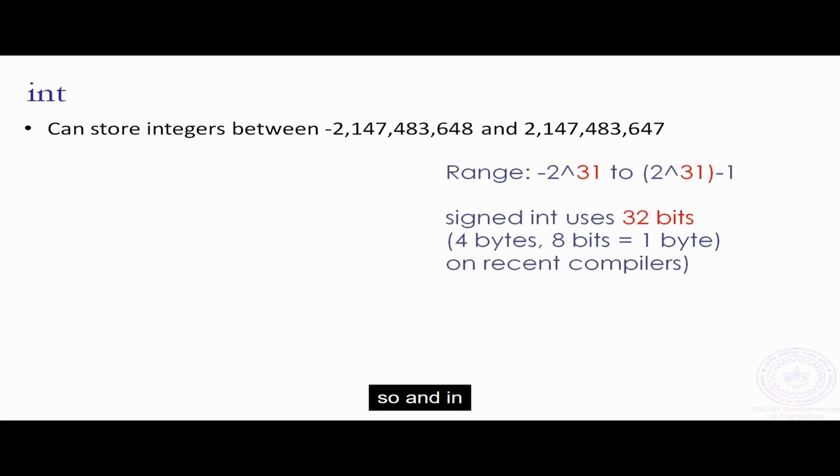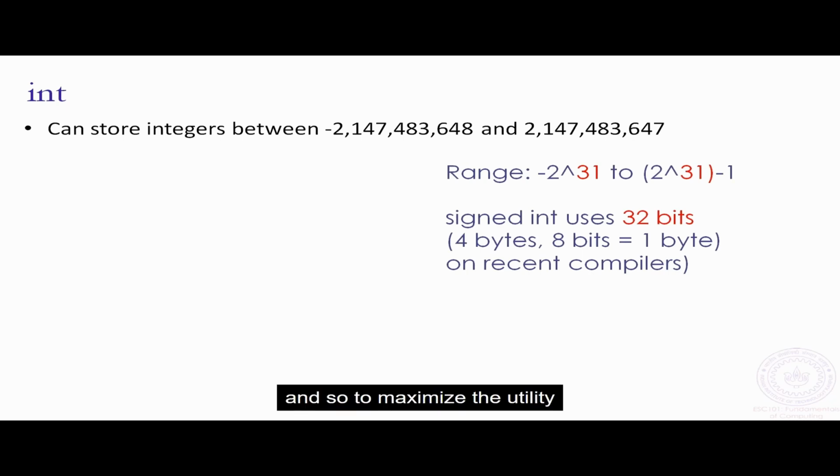So an int on recent 64-bit compilers uses 32 bits of space. That's the equivalent of 4 bytes of space. And therefore, you can store at most 2 to the power 32 integers in an int box.